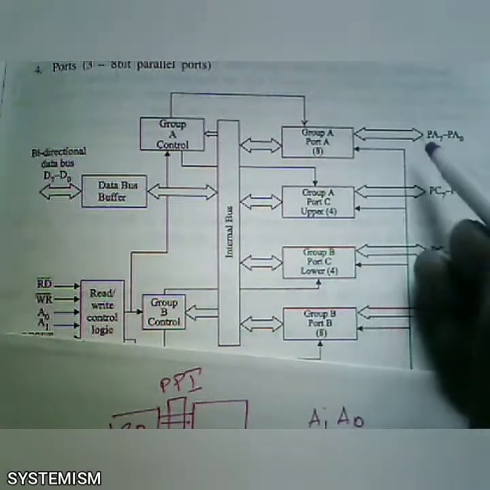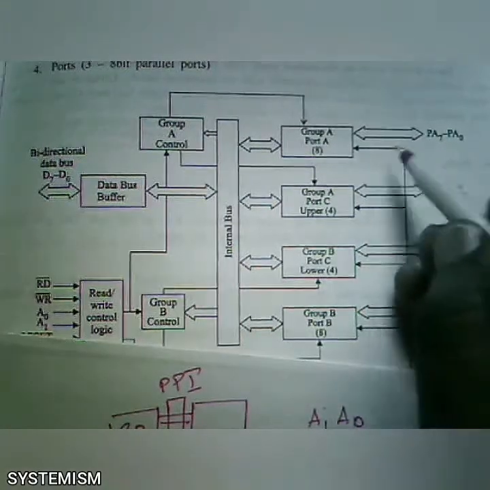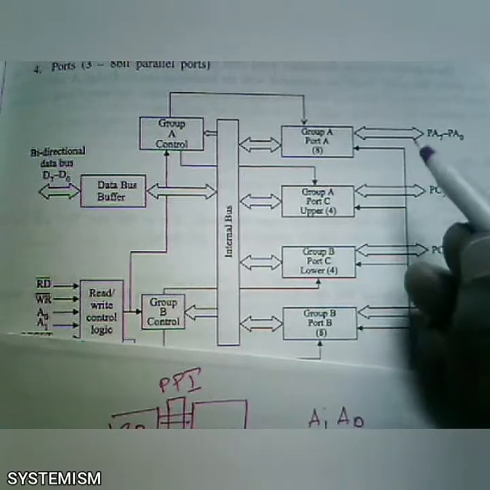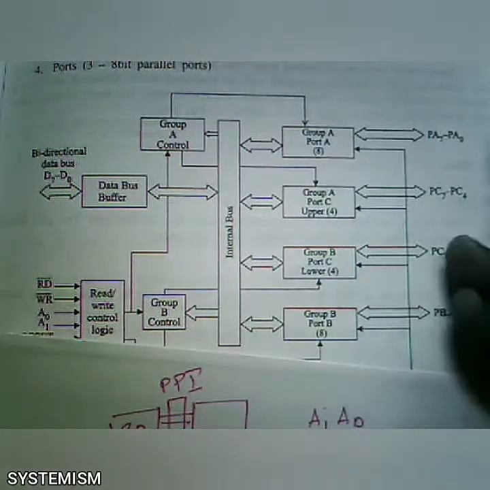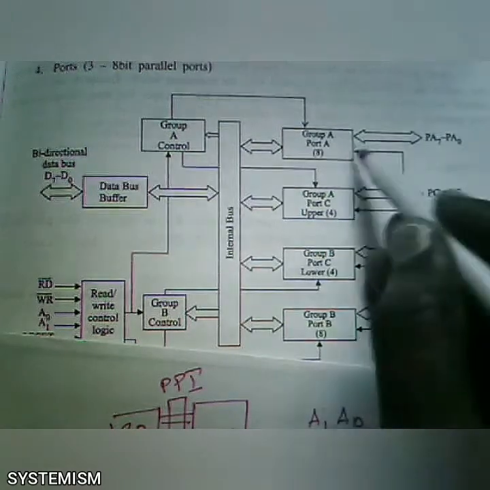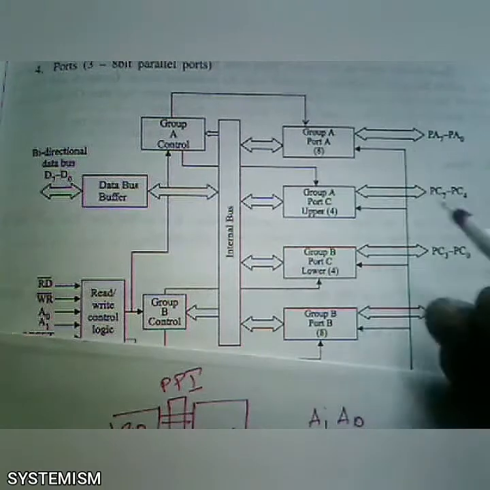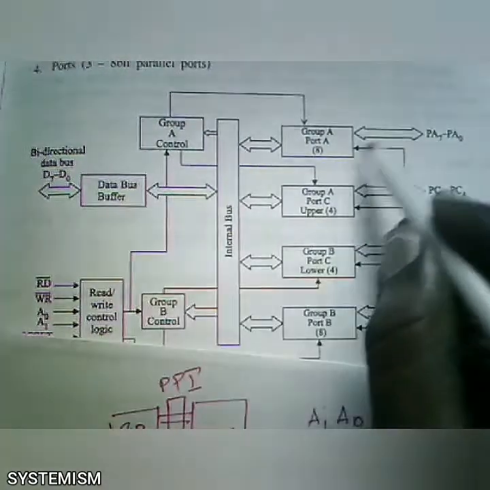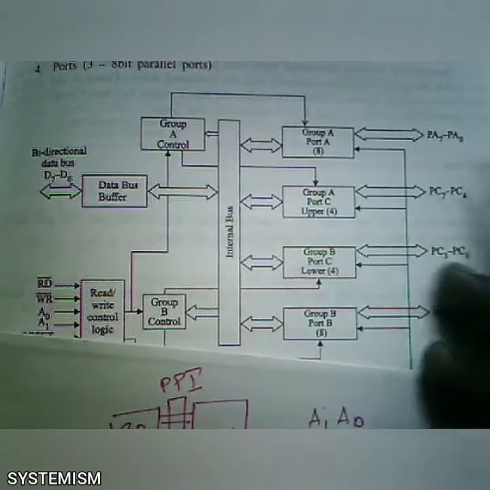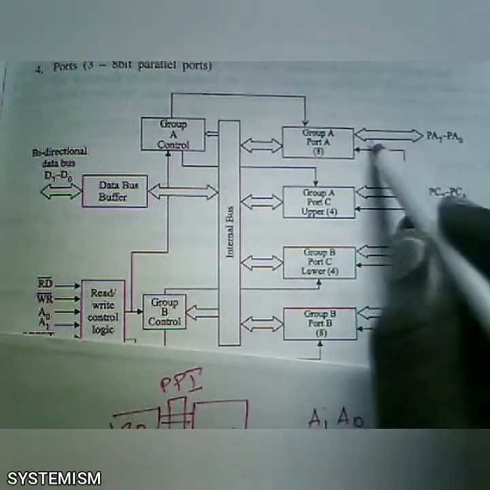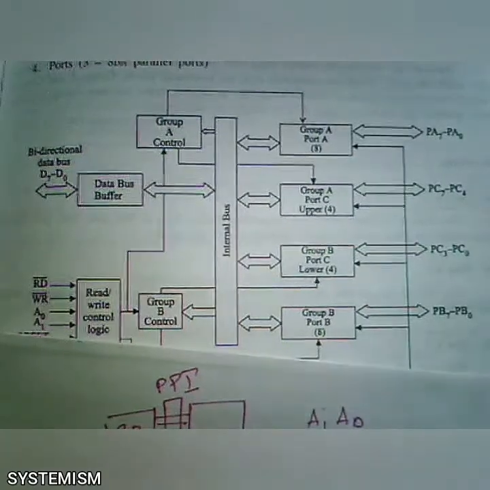Normally these are bidirectional ports, so you can make these ports input ports or output ports. If the IO device connected here is going to give some information, you can assign the port as an input port. If you are going to transmit some information by means of this port to the IO device, then you can assign the port as an output port.